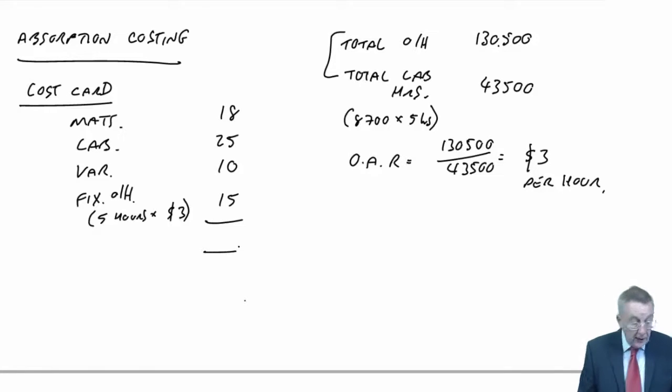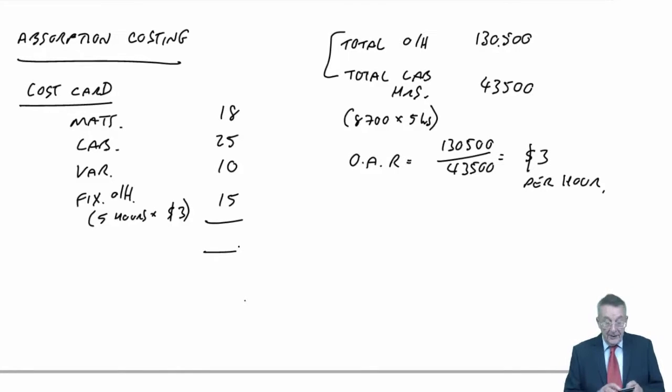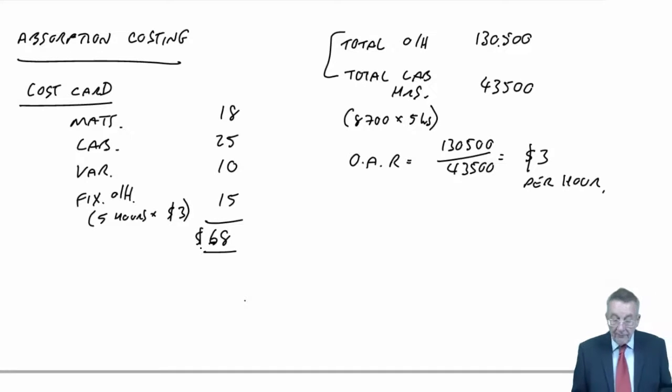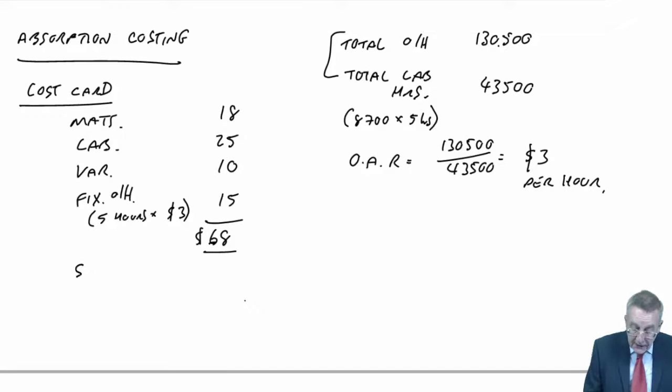So the absorption cost, the full cost, 18, 25, 10, 15, is 68. The selling price is the same question, remember. The standard selling price was 75.